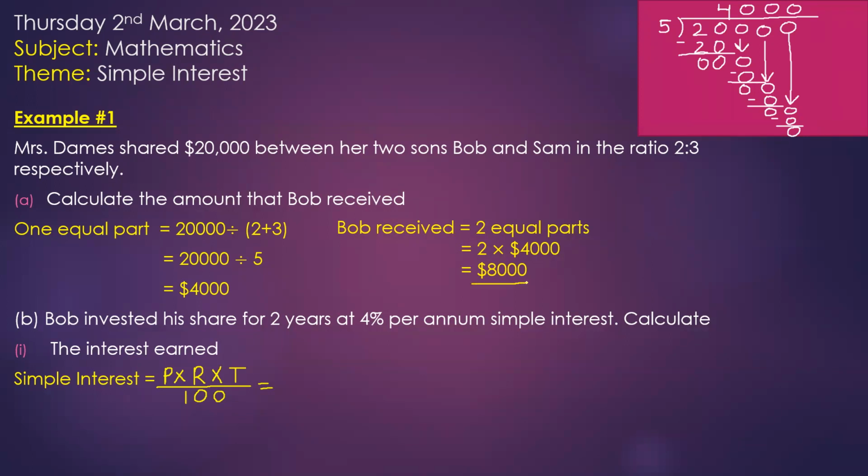We got that from above. The principal is 8,000. What's the rate? 4%. How many years? 2 years. 2 years, very good. We're gonna divide that all by 100.